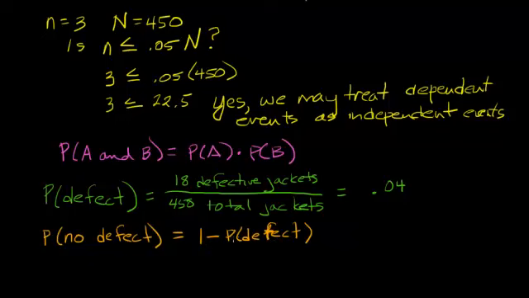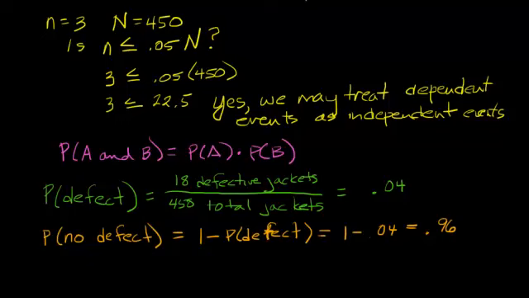So these are complementary events, and so defect would be the complement of no defect. Okay, so 1 minus 0.04 is 0.96. There's a 0.96 probability that one of the randomly selected jackets has no defect.